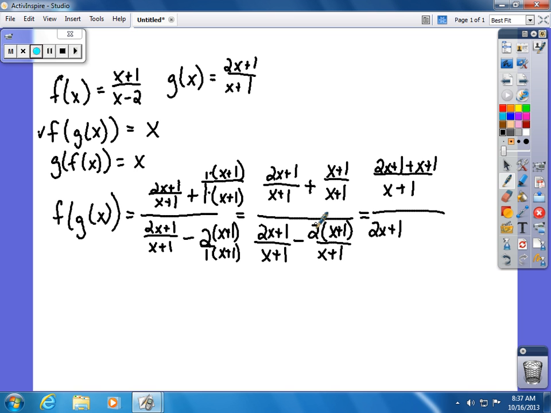And here, you've got to remember, we've got a minus sign here. And we're going to take this 2 and we have to multiply it through. So I've got a minus 2 times an x, so that would be a minus 2x. And then I've got a minus 2 times a plus 1, which would be minus 2, all over, again, x plus 1.